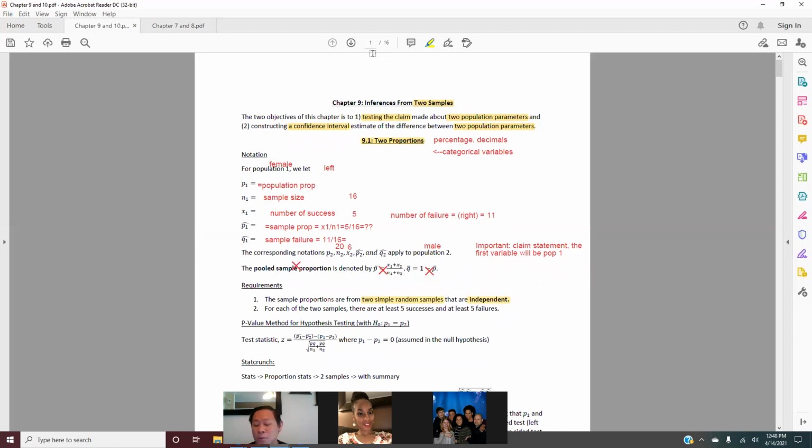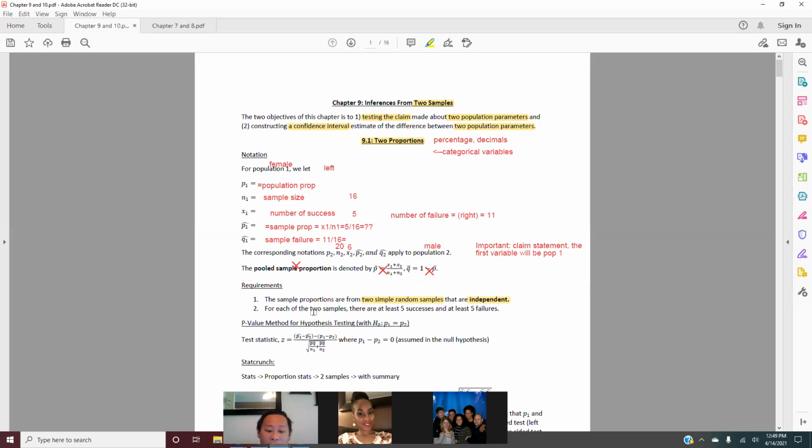So these two groups are independent. Same thing happens with age group. Students who are below 21 years old and above 21 years old are also independent because you cannot go into two groups. Either you are below or you're above 21 years old. This is what we call independence.